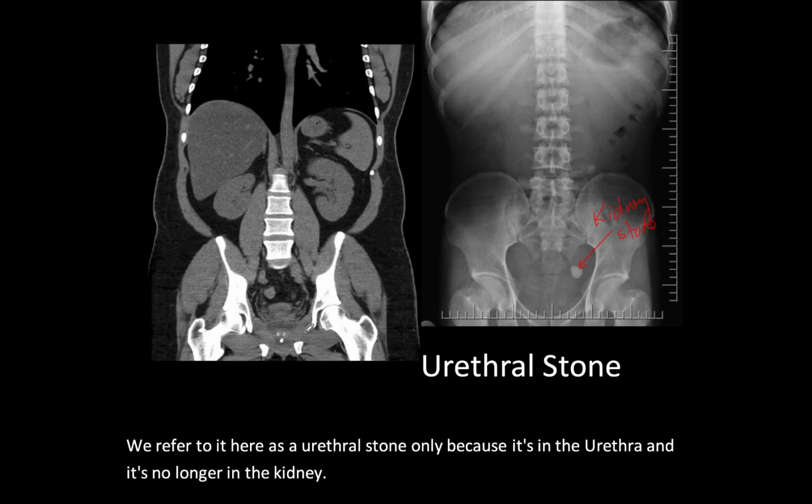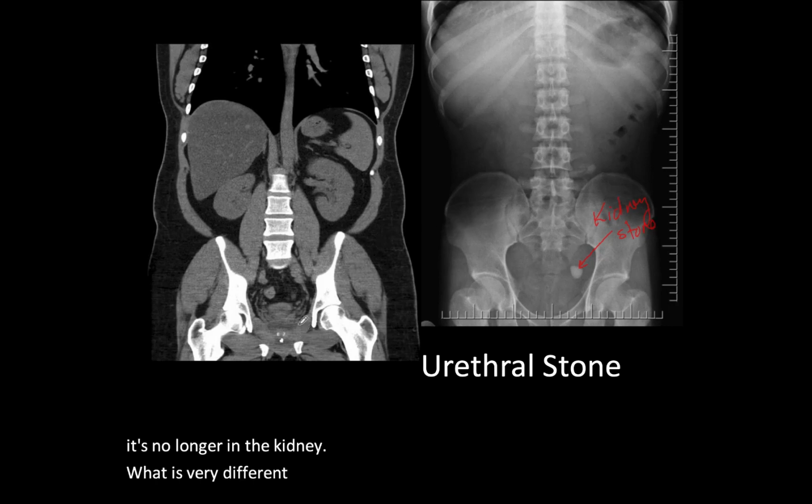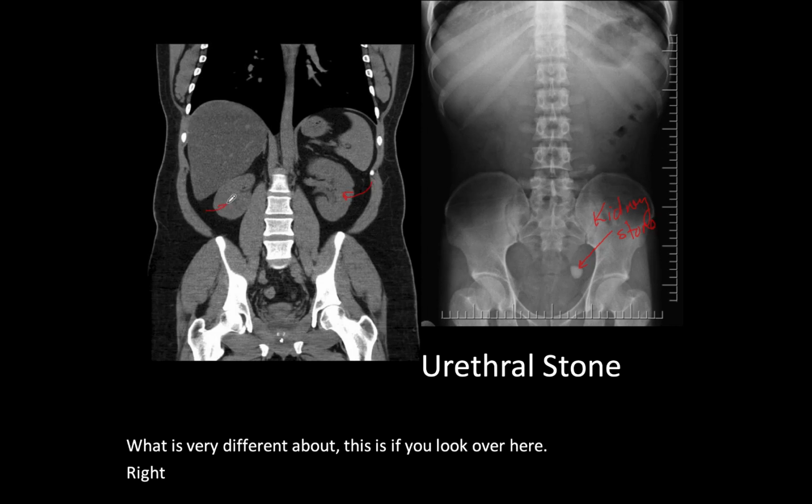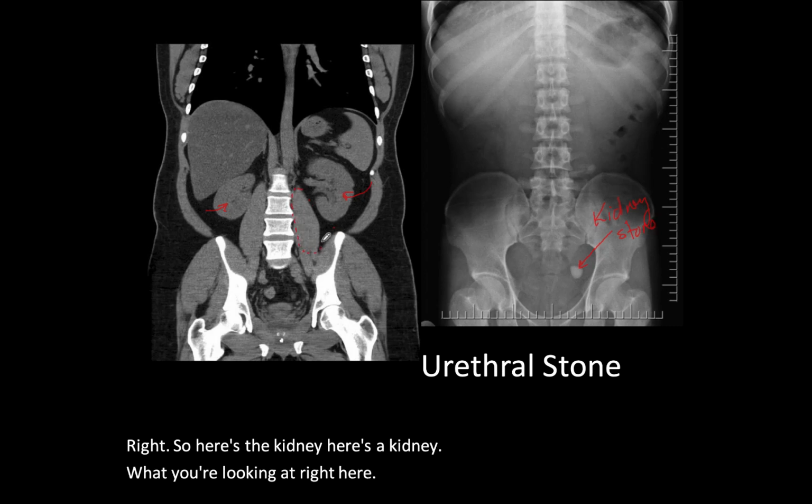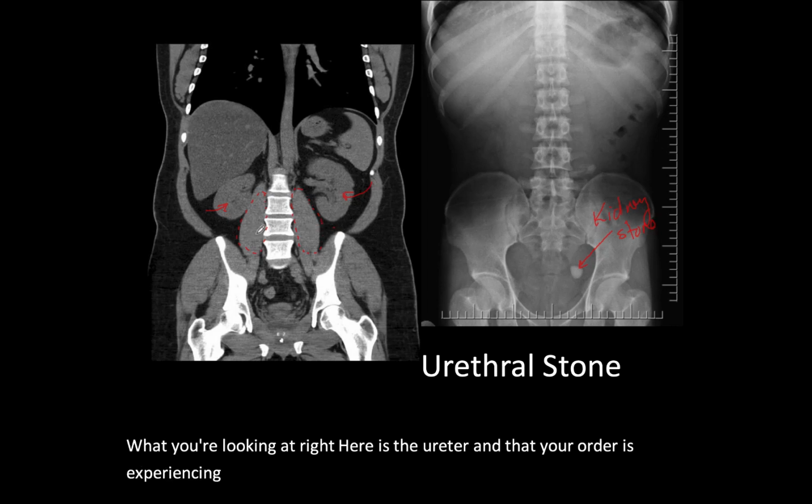What is very different about this is if you look over here, right, so here's the kidney. What you're looking at right here is the ureter. And that ureter is experiencing inflammation. Right. These are rather inflamed and swollen ureters.